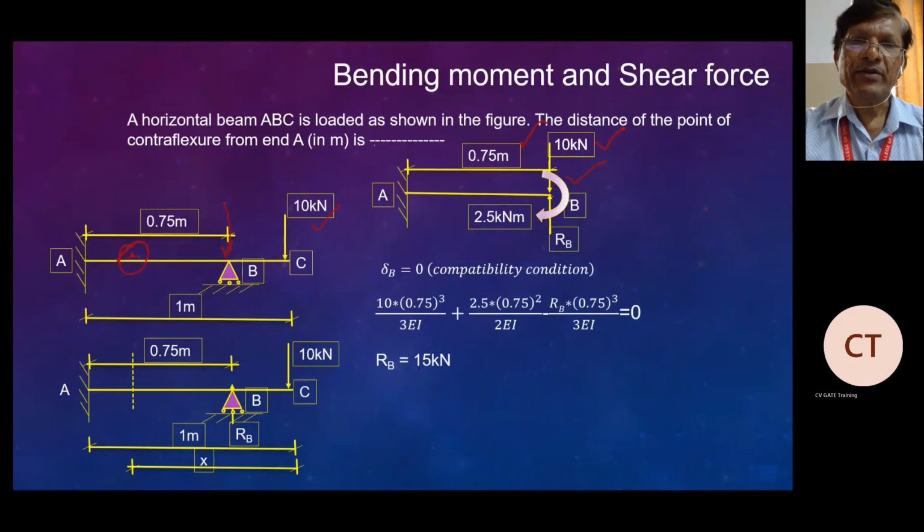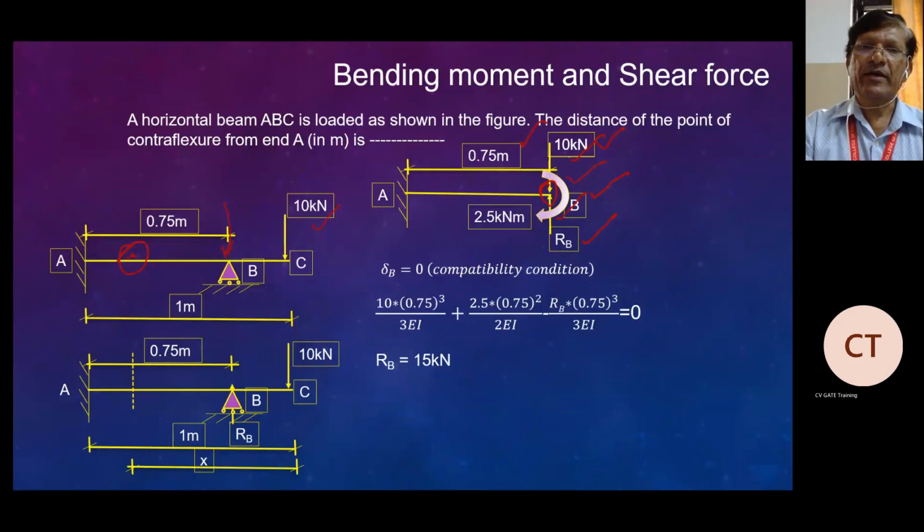So what is the compatibility condition? If you have a simply supported hinged roller condition here, we have the compatibility condition: delta B at B, that is the deflection at B, should be 0. So this can be considered as a cantilever beam subjected to a vertical load here and a moment here, and also the reaction RB.